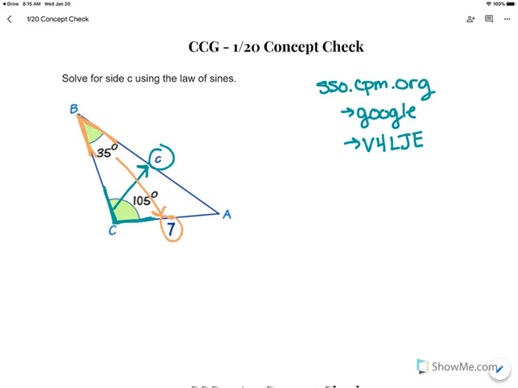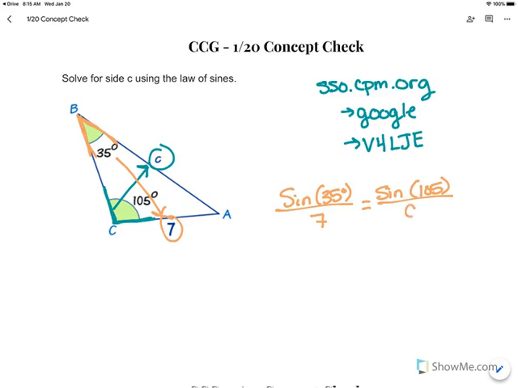So B and side b are both given. So we're going to do the sine of B, which is 35 degrees, over the side that goes with it, which is 7, equals the sine of C, which is 105 degrees, over side c, which is the one we don't know.